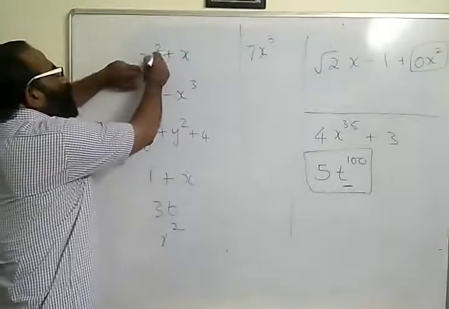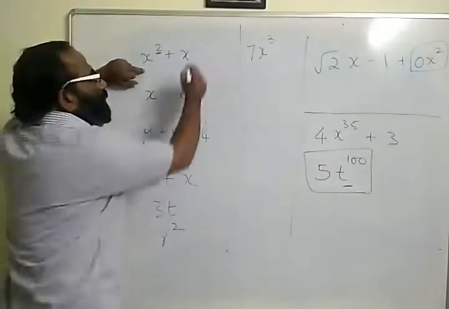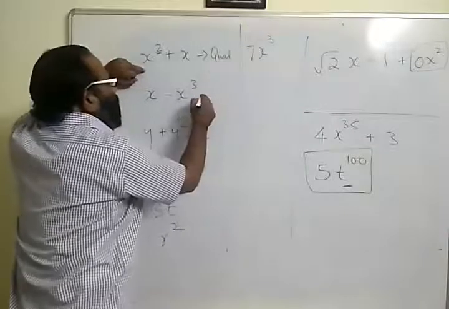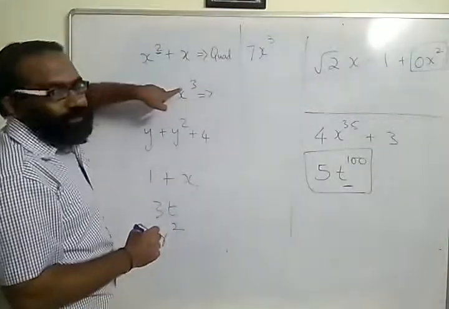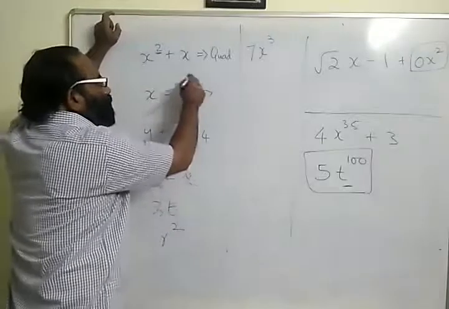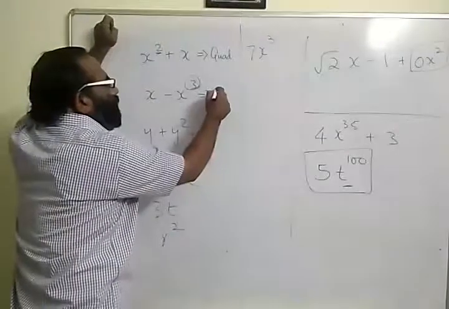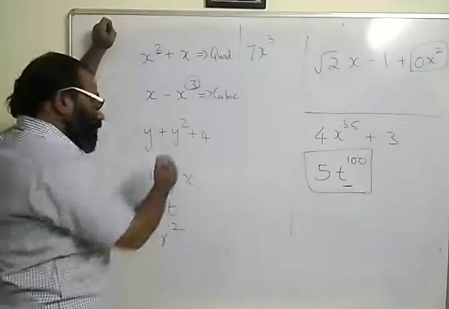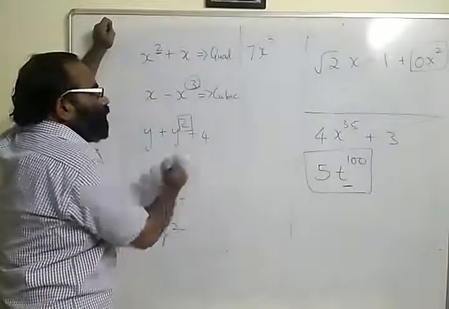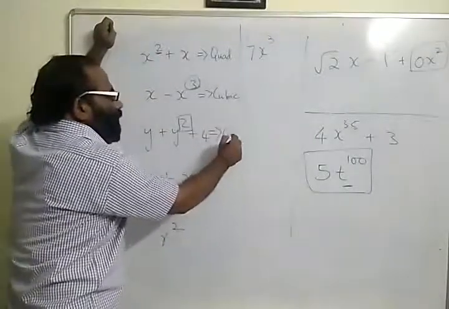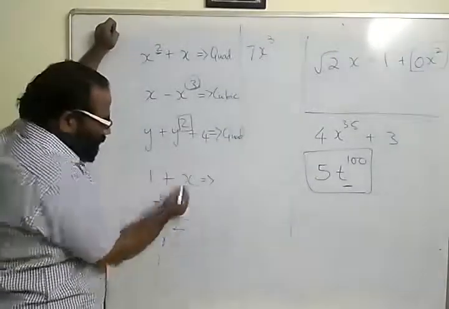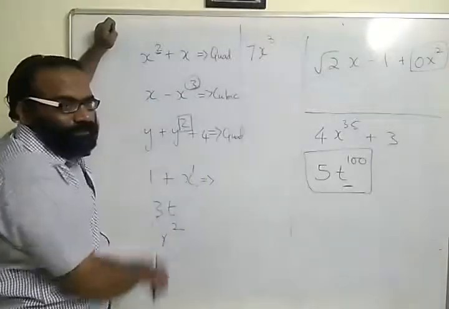What is the degree? 2. So it is a quadratic polynomial. The degree here is 3. That's the maximum value. So this is cubic. What about this? Yes, it is 2, and so it is quadratic. Here the x has a power of 1.